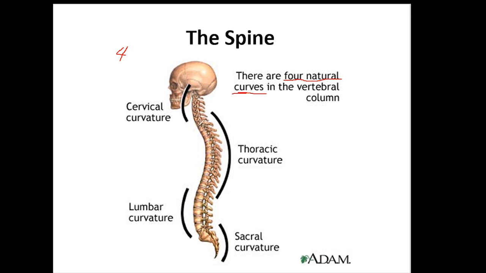These 4 curves keep the body normal, with normal movement and normal functions. If the curves disappear, that's abnormal. So when we inspect, firstly we look at these 4 curves. They should be in there. If any of the curves has disappeared, that's abnormal.